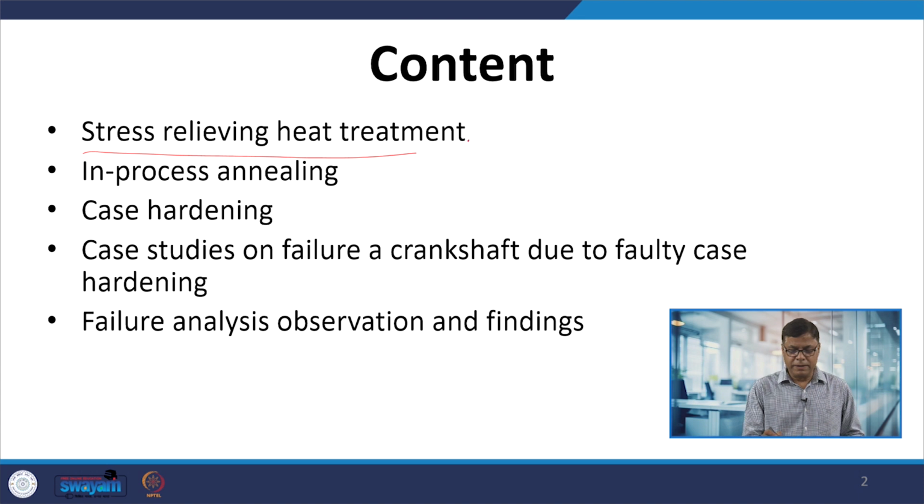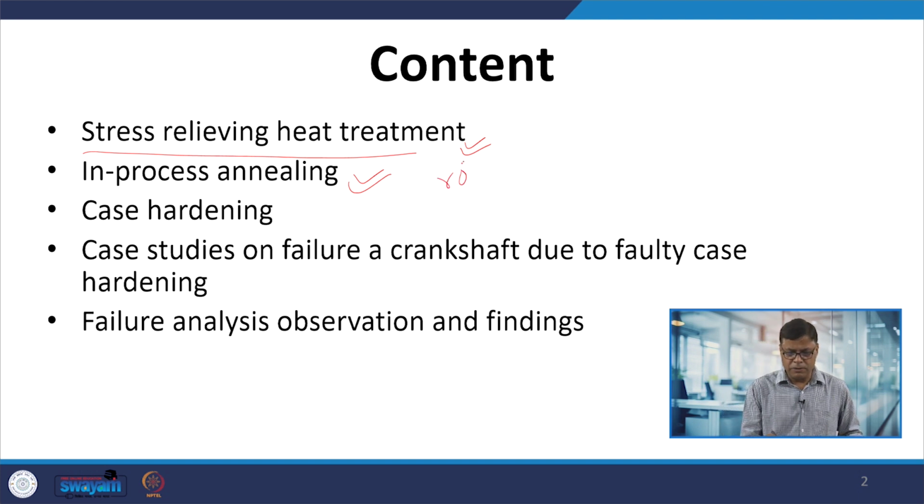So, the stress relieving heat treatment we will be talking about first, and then in-process annealing. This annealing is primarily done for inducing ductility in the course of rolling or forming processes which are done under cold conditions, so that the desired ductility can be induced.